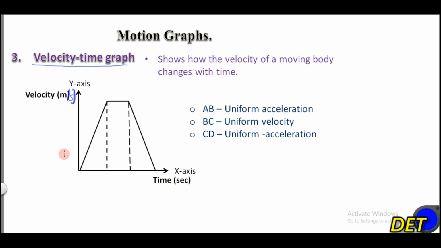So here will be 1 meter per second, 2 meters per second, 3 meters per second, 4 meters per second, right? This vertical axis represents our velocity, and this horizontal axis represents our time.